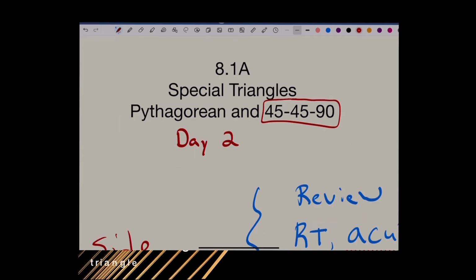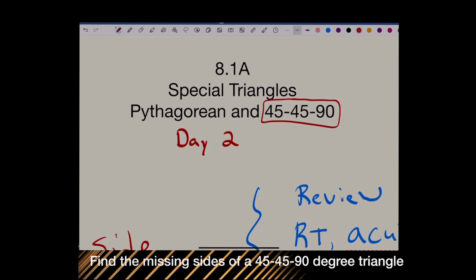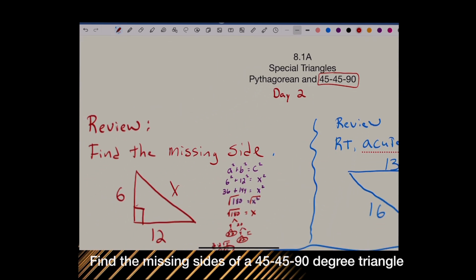There's a specific way that we can set these up to find the missing sides. You're going to see patterns that evolve. We're going to build tables to help you do this. Essentially we're going to try to find a shortcut to find missing sides of a right triangle, in this case, 45-45-90.